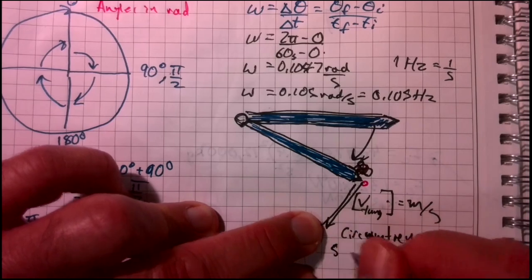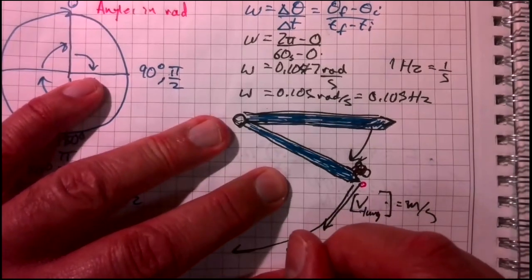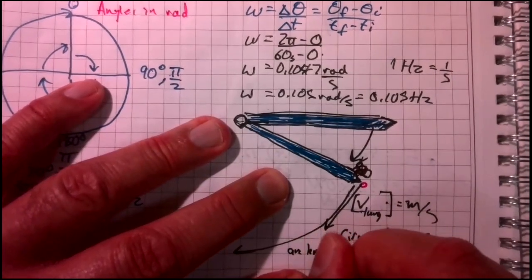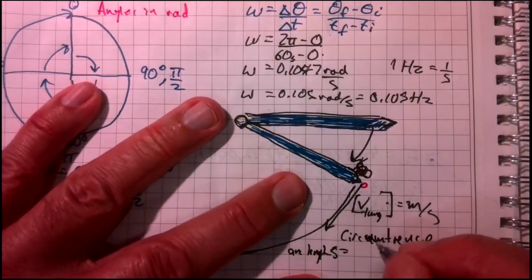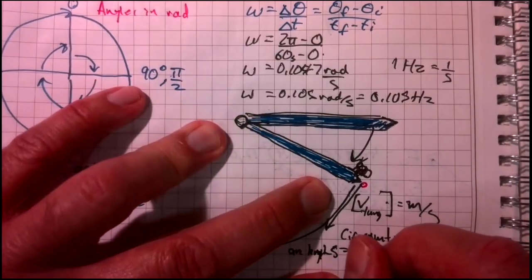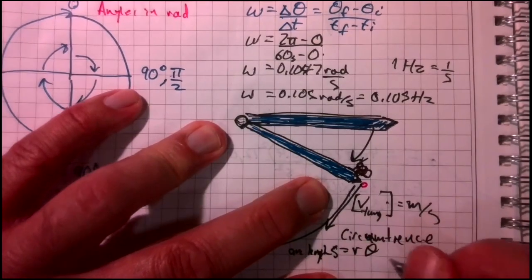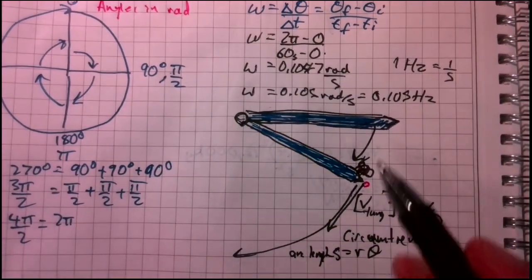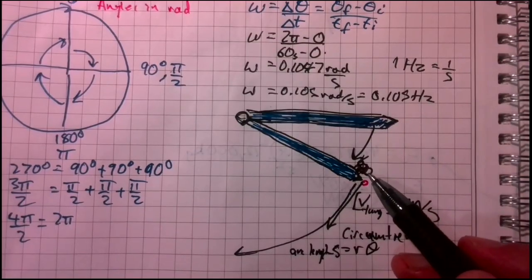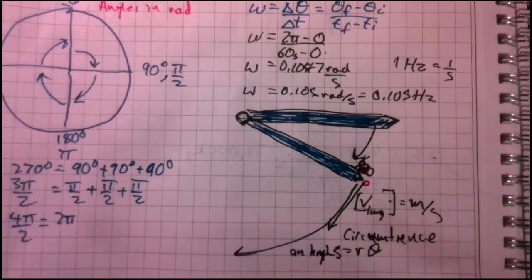So this is my arc length, and we'll call it S. Arc length is defined as the radius of the circle times the angle. Basically, if my ant on the end of the second hand could measure meters, how far did he move around?